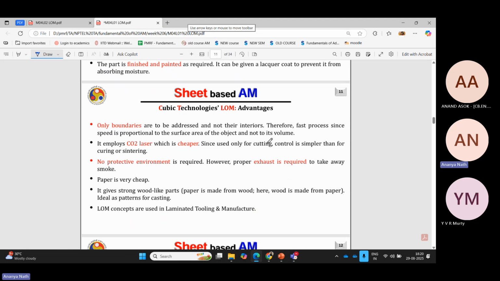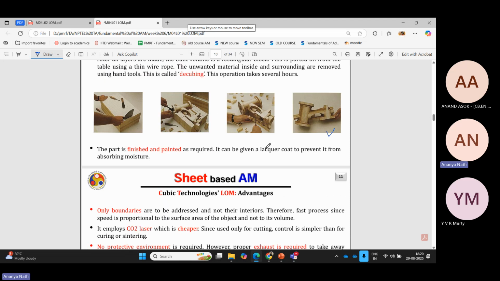So the advantages are, as you are not concerned about the inside of the part, you're not touching anywhere inside the part. It's getting generated automatically. So that's why it's less in time. Because in other processes, you are scanning the inside of the part, or you are curing the inside of the part in case of resin-based processes.